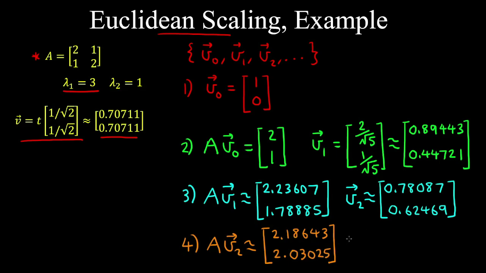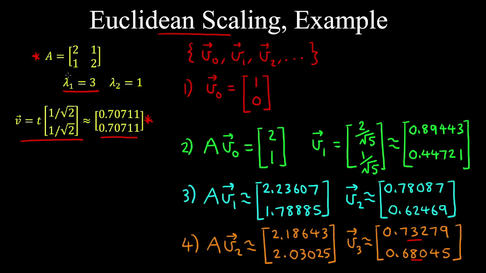And then normalizing this vector, we get the next approximation. And I'll let you continue until you're satisfied that your approximation is good enough compared to this eigenvector.